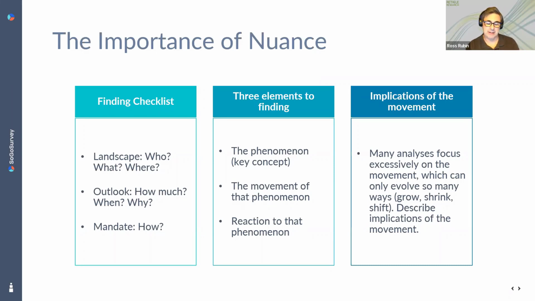I talked about the simplification, sometimes oversimplification, of saying that a phenomenon is growing or shrinking. One way you can enrich that a little bit and add to the value of the finding is to think about key elements of a phenomenon, right? So there'll be something, telecommuting, people vaping, people doing more streaming videos, some behavior or attitude that you're seeing in the data. Yes, you want to talk about the movement of that phenomenon, but you also want to talk about the reaction to that phenomenon.